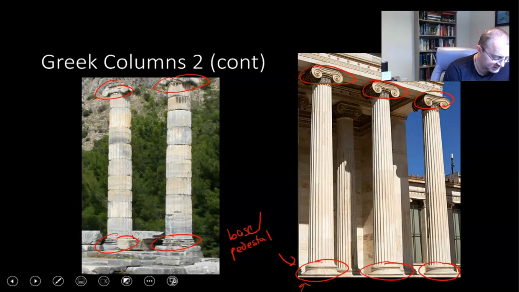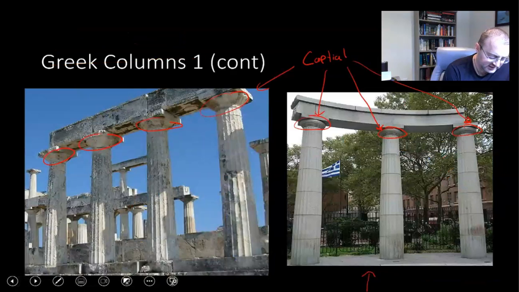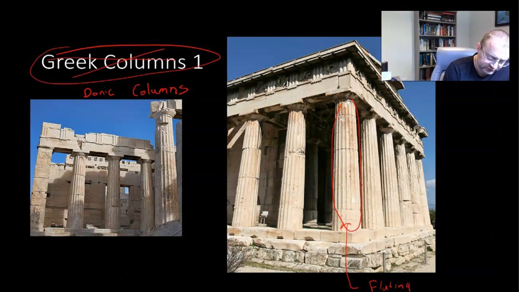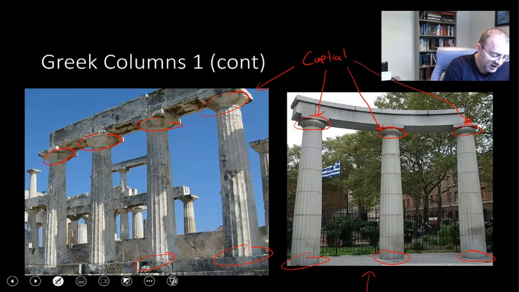Now we compare that to the Doric columns. A lot of times the column just sat on the ground. We can see here the Doric has no pedestal. It definitely still has a capital. We can see the capitals here, but no pedestals.